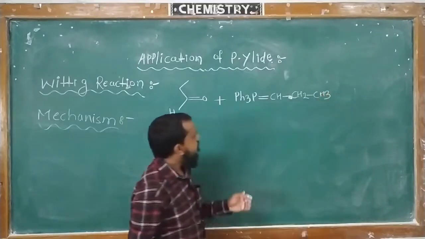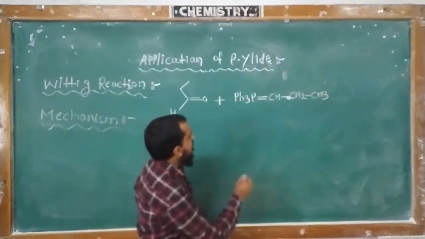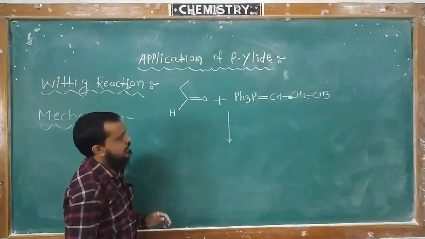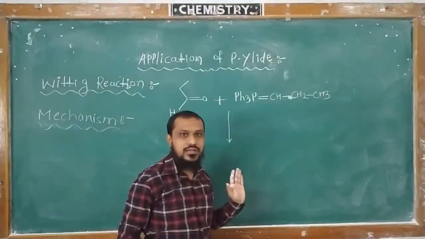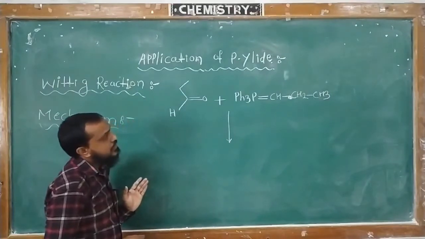So this is our phosphorus ylide, and we will get alkene and triphenylphosphine oxide as products. So how do we get the alkene?